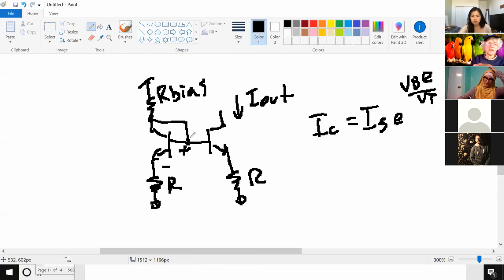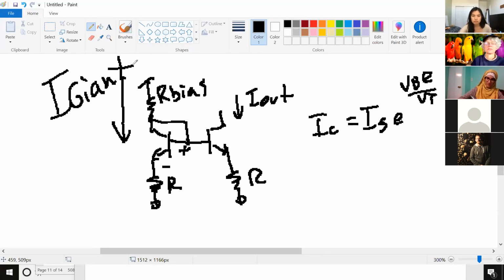So let's see. Let's say you've got too much current going through here. Is there anything here that helps your circuit not burn up? Bigger resistor? Yeah, this resistor, how's that work?